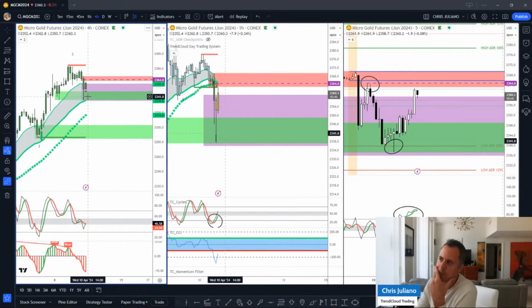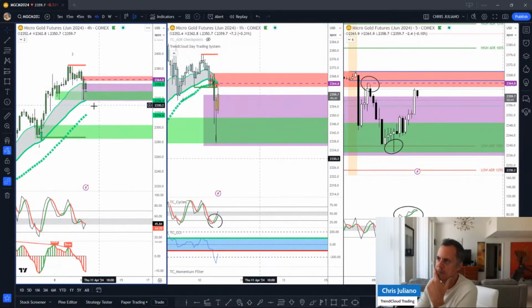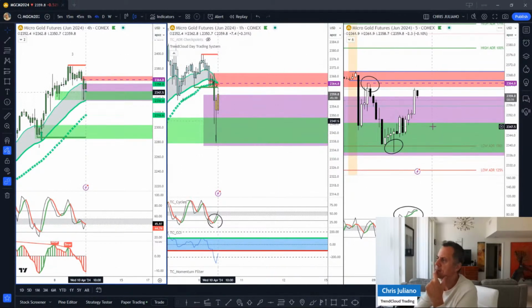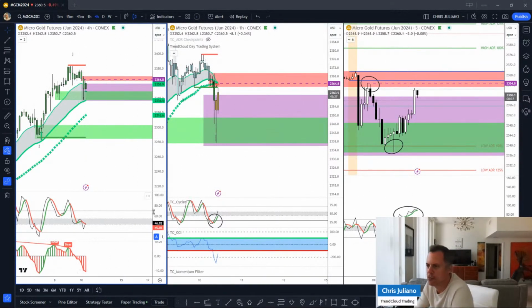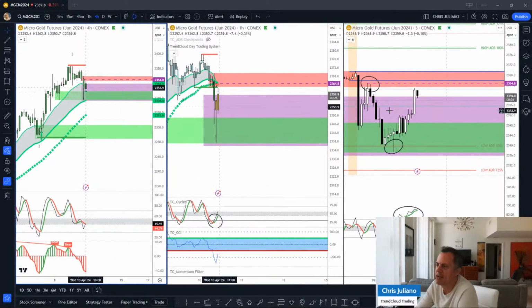So the context is up, so we want to rejoin the uptrend. That means we have to have a few other things in alignment. We've got to have momentum with us as well as that trend. We don't have that yet, so we have to wait. What exactly are we waiting for?